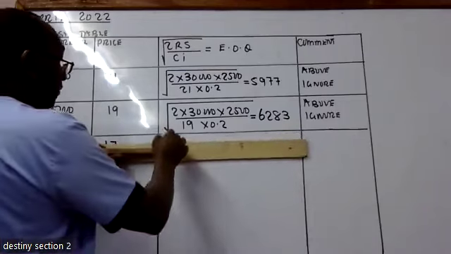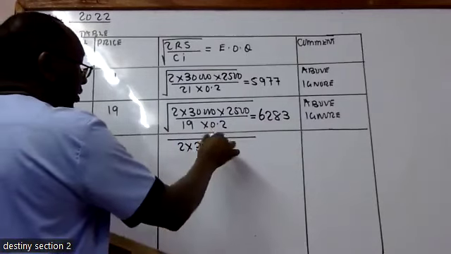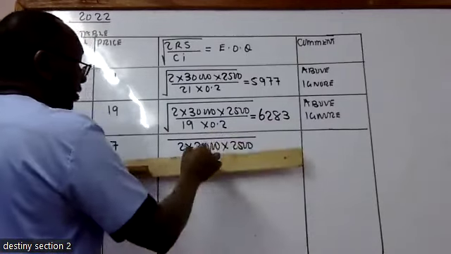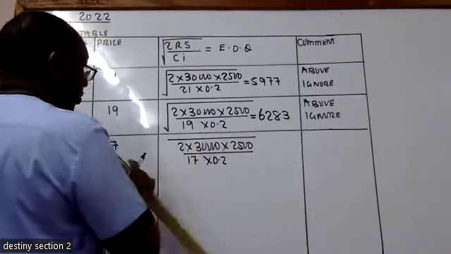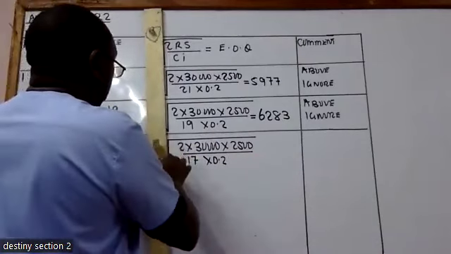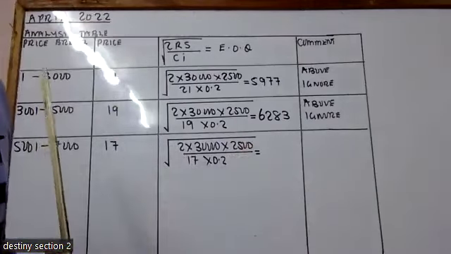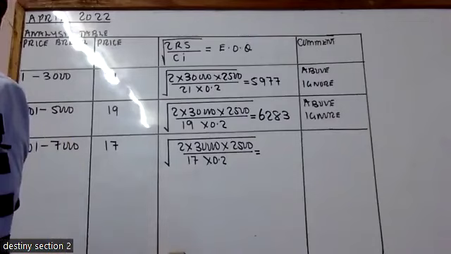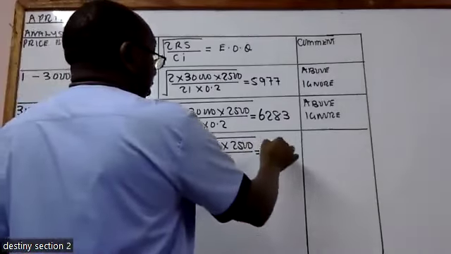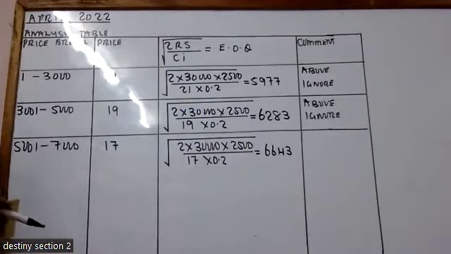So we will have the figures here under the square root of 2 times 30,000 times 2,500 being divided by 17 times 0.2. So work that figure out. Oh, I can see already Sirao has it, even Jemima, 66.43. So even in 66.43, you can see now that one is within the break.